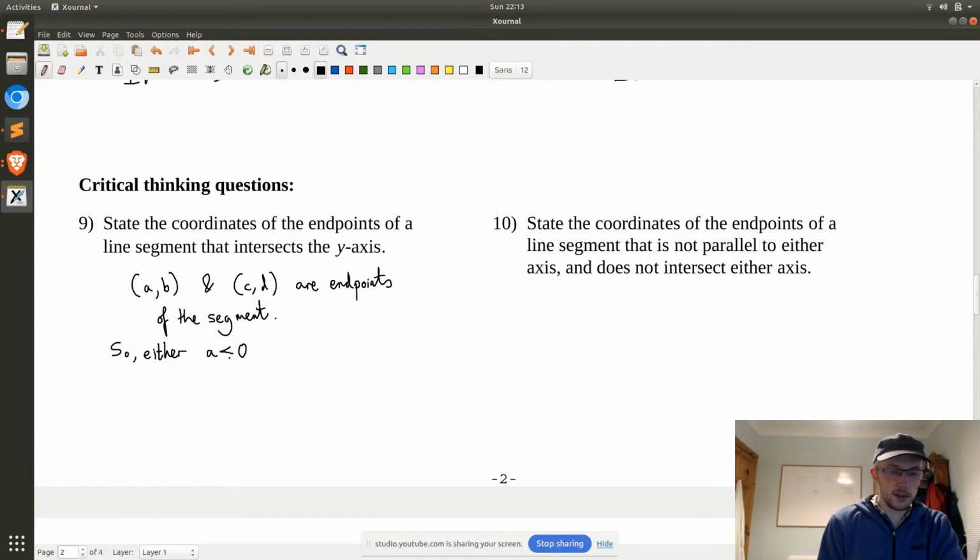Oh, this is kind of interesting, actually. A is less than 0, and C is greater than or equal to 0.